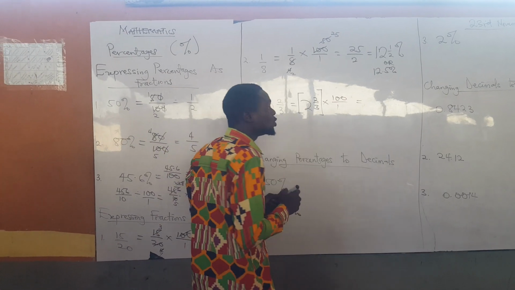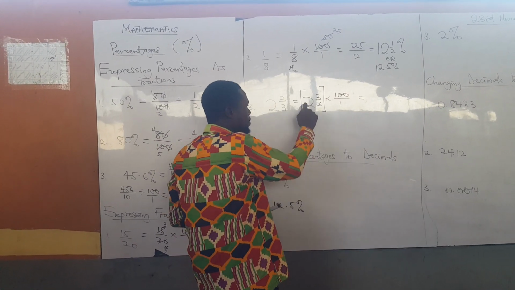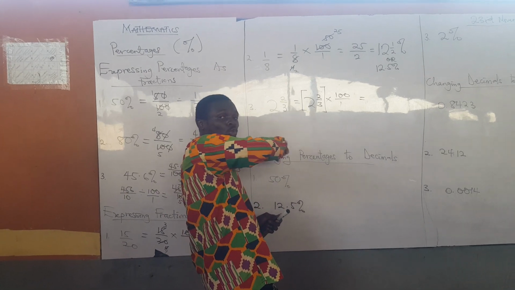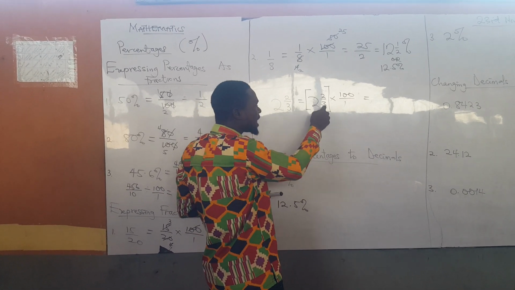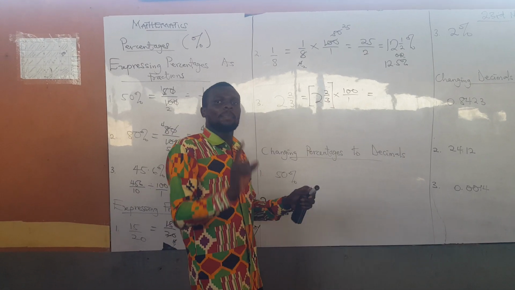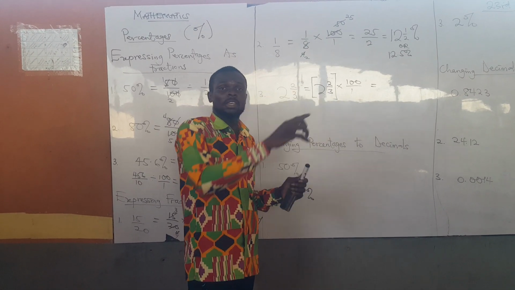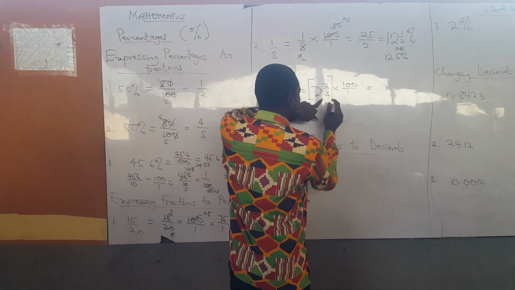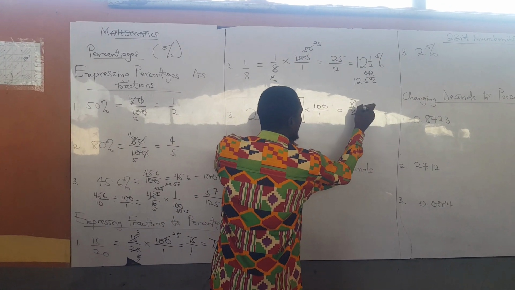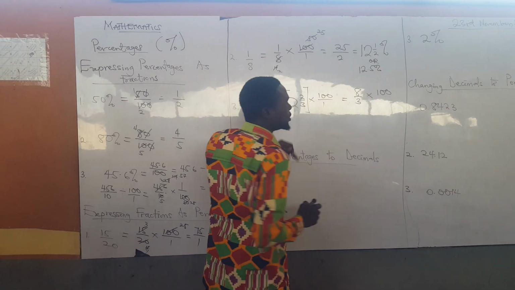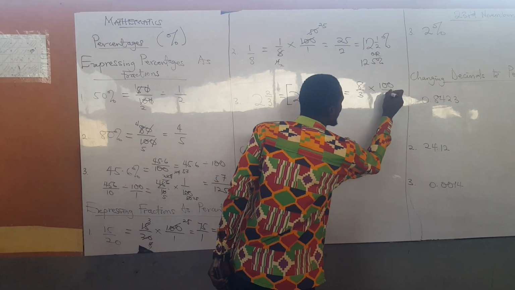So changing this into an improper fraction, multiply the whole number, which is 2, by the denominator 3. So 2 times 3 is 6, plus the numerator 2, giving us 8. So the improper fraction for this will be 8 over 3 times 100 over 1.